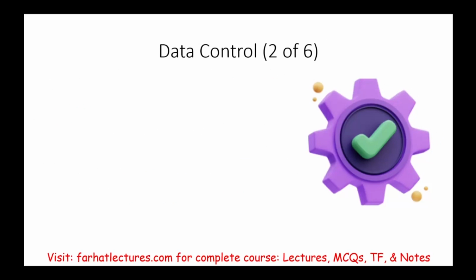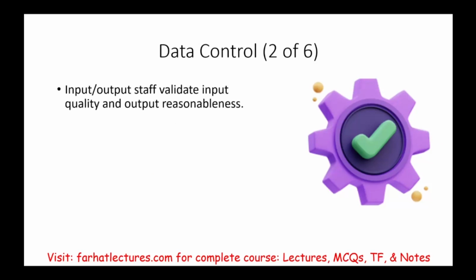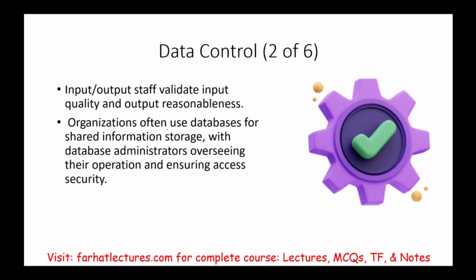Then we have the data control, basically the database administrator. They validate the input and output quality, make sure everything is reasonable, makes sense. Organizations often use databases for shared information storage, with the database administrator overseeing their operation and ensuring access security. Because we could have many departments, but we could have one database that's serving all these departments.